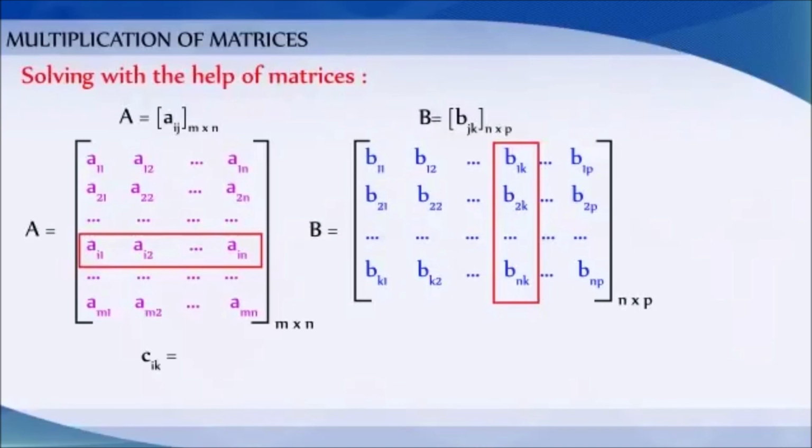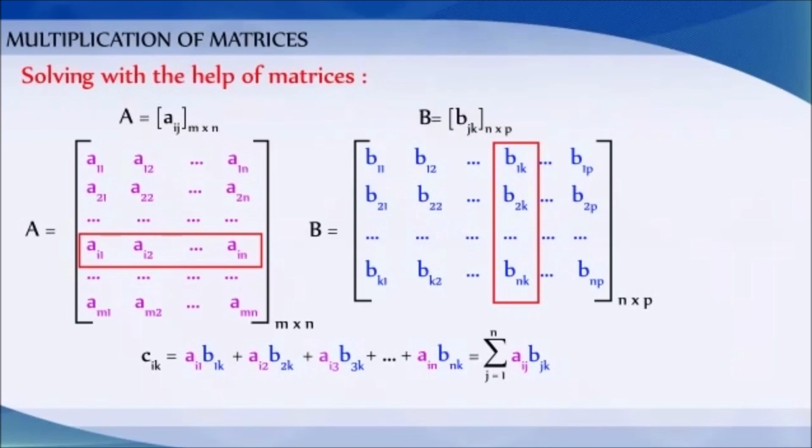Then Cik is equal to Ai1 B1k + Ai2 B2k + Ai3 B3k + etc., and finally Ain Bnk, that is equal to the summation of j = 1 to n of Aij Bjk.